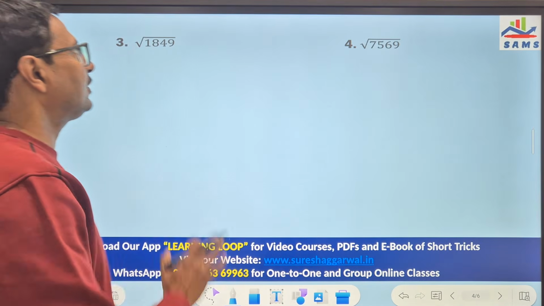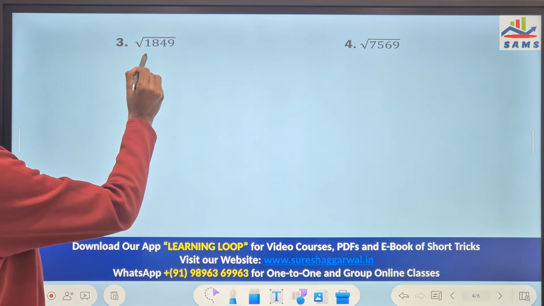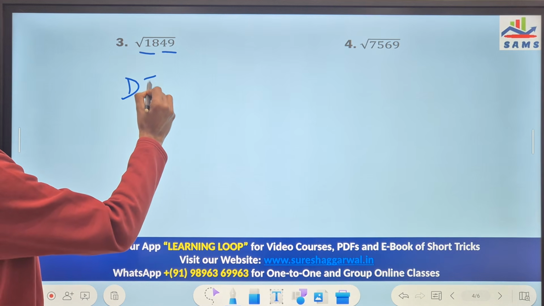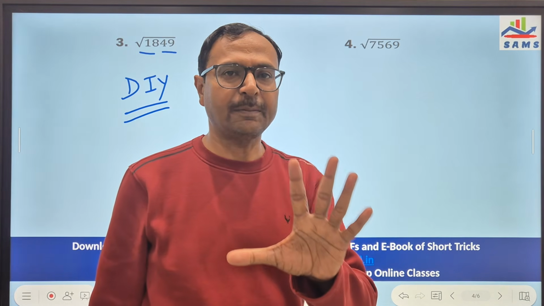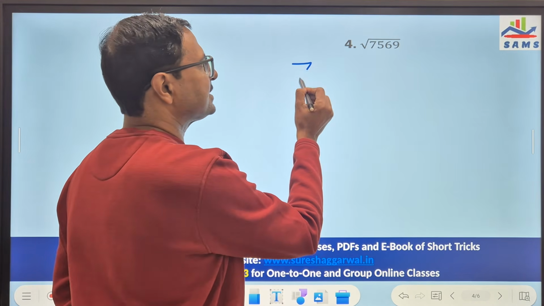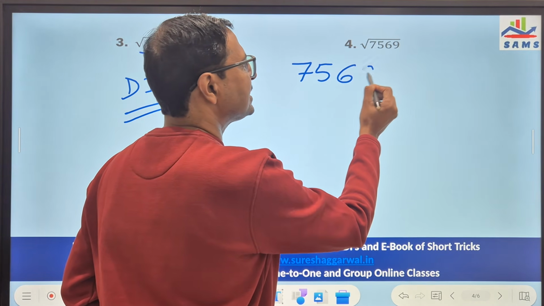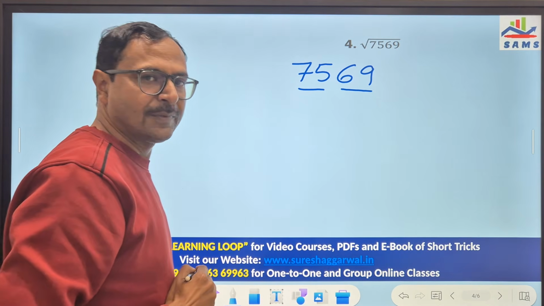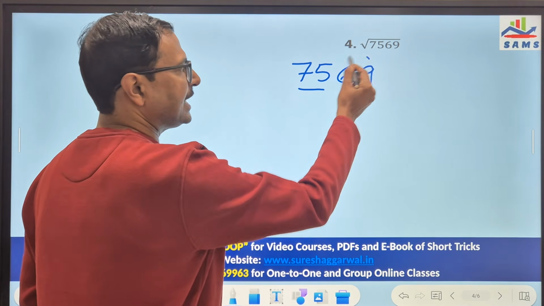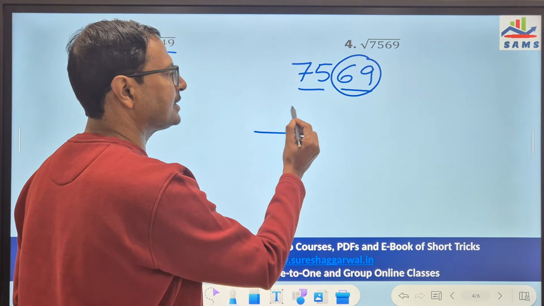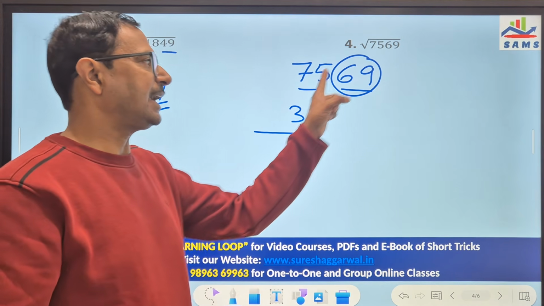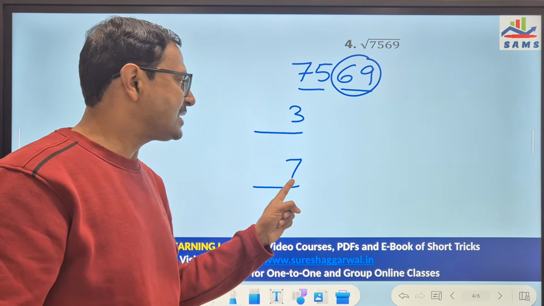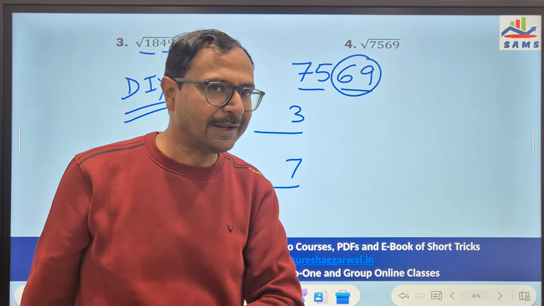Now when I take 4-digit numbers, I'll leave the easy one, this one, as a DIY for you. I will demonstrate it using a 4-digit number, bigger number here. So 7569. Now for 7569, there are 2 pairs. My number 69 ends in 9, so my answer ends in 3 or ends in 7, because 3 square is 9 ending in 9, 7 square is 49 ending in 9 again.